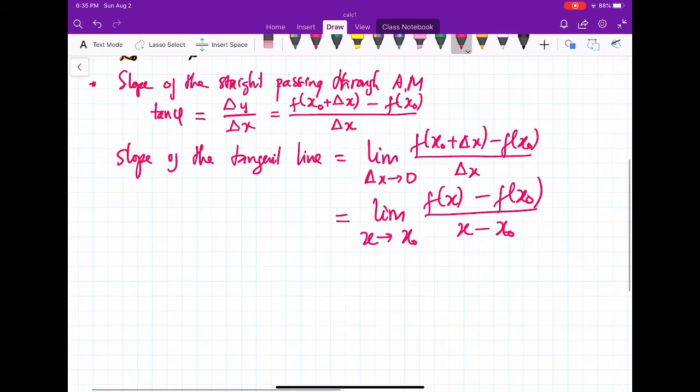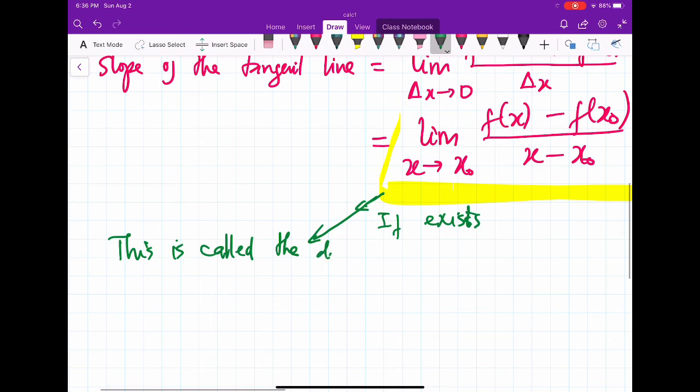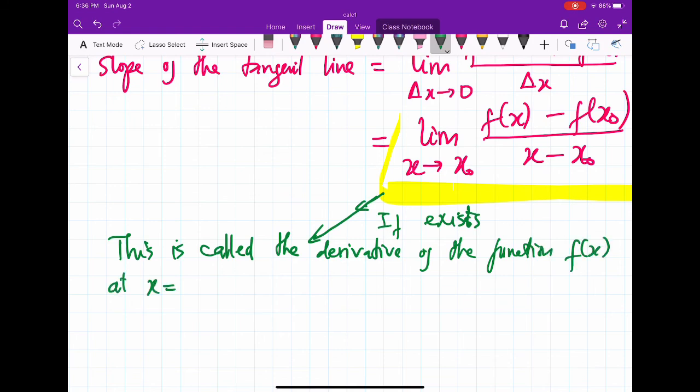And this limit, if it exists, is called the derivative of the function f of x at x equal to x0 and denoted by f prime of x0.